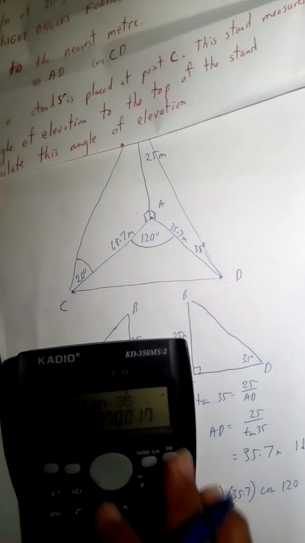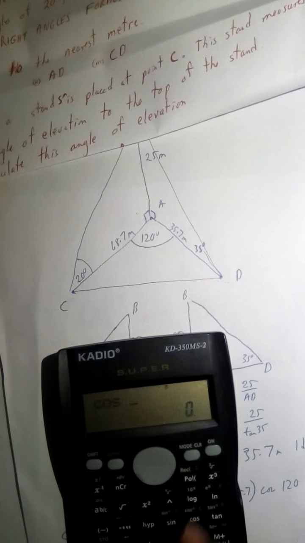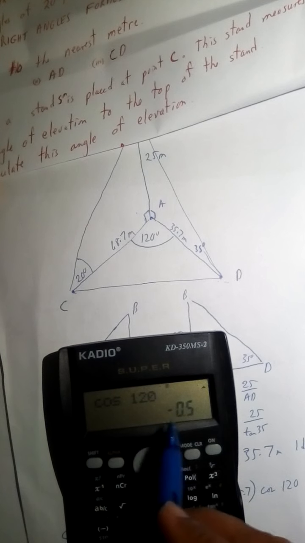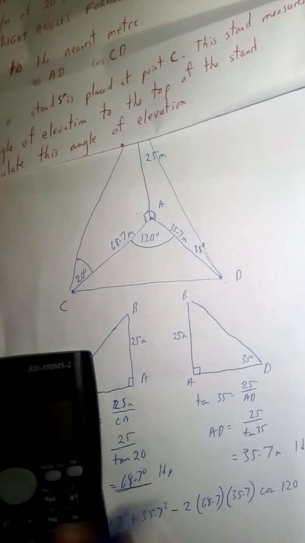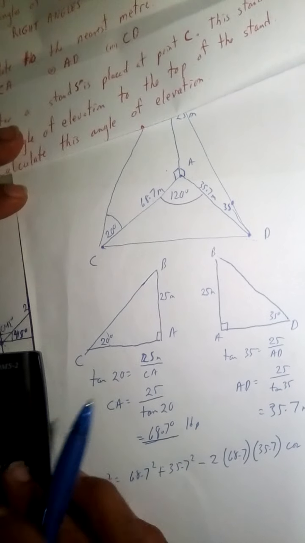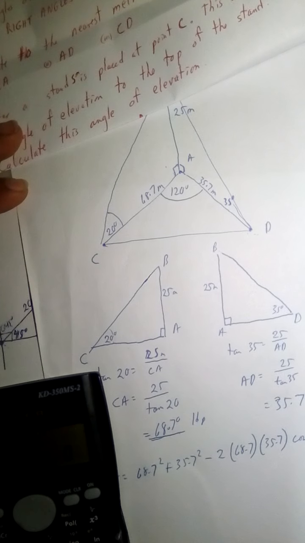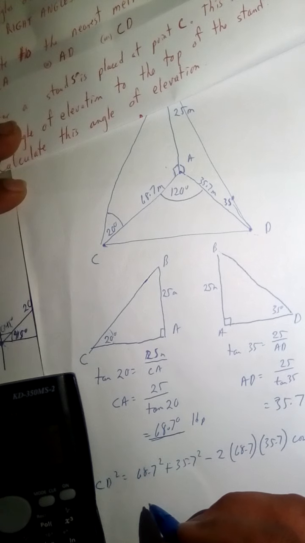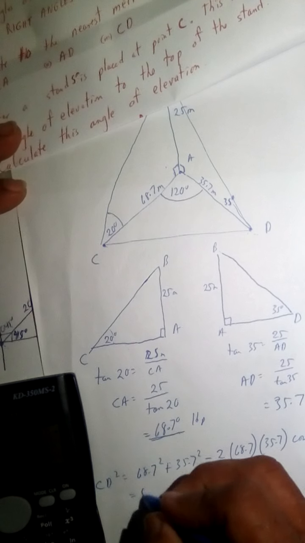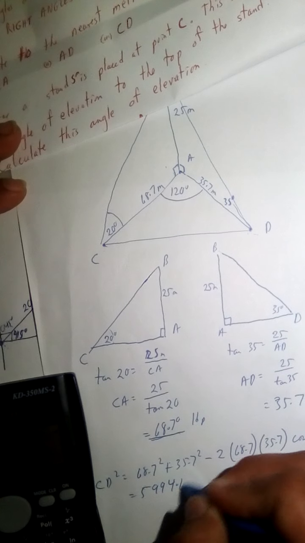Now be careful here. Let me show you something. Cosine 120, if you notice here, gives us a negative value. Do not take out that negative, keep it. There's a reason why. So you work this out: 68.7 squared plus 35.7 squared gives us 5994.18.